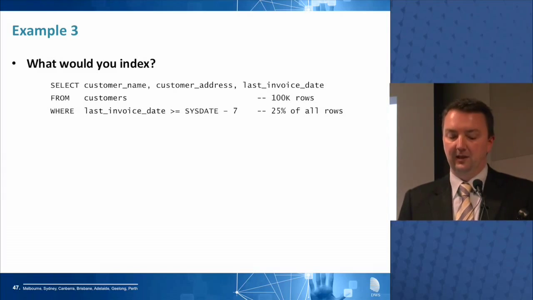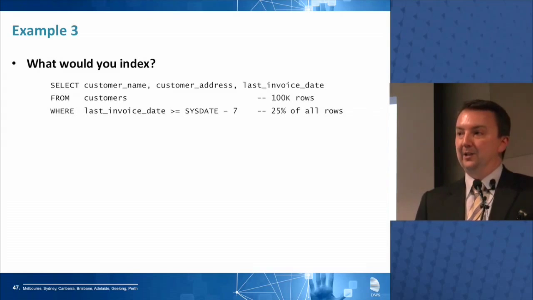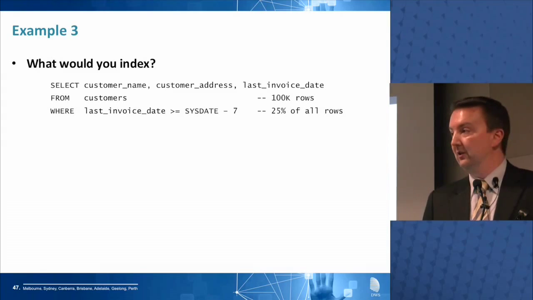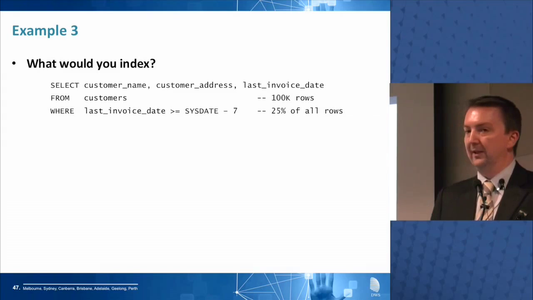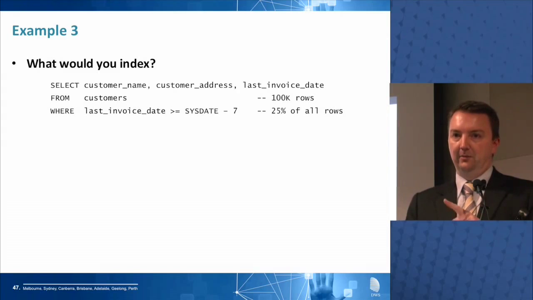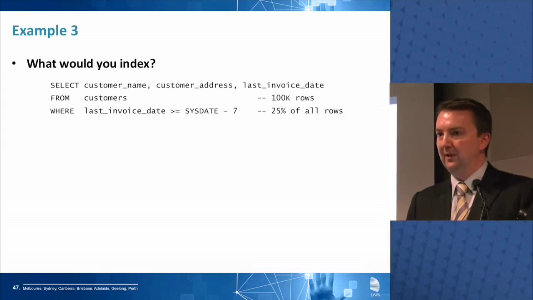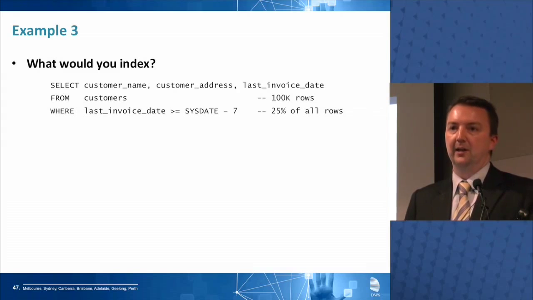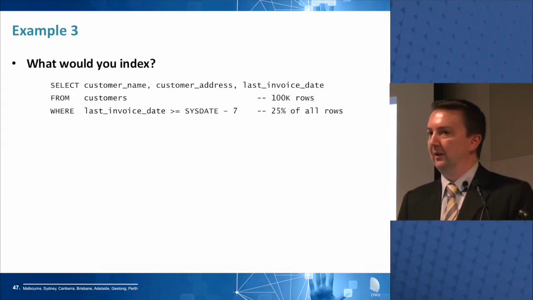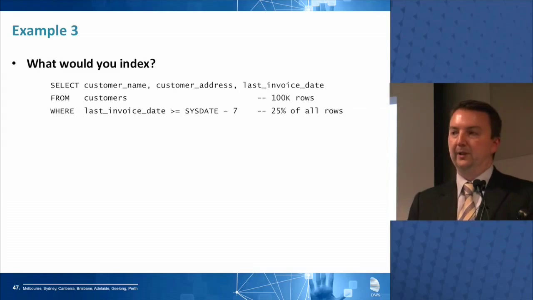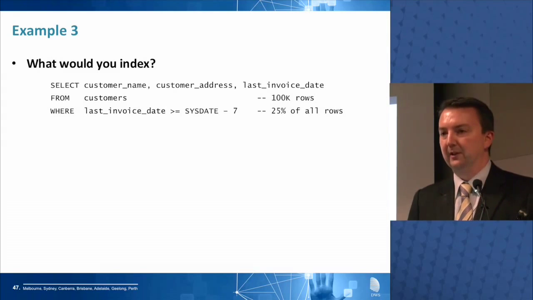Less than 1%, I don't think I've seen an example where the full table scan is faster. I reckon an index is always going to be faster for less than 1%. The mid-range of 1% to 10%, that's the grey area. That's when you've got to start benchmarking. But if you're looking for a rule, if you're going to read less than 1% of the table, you'd be pretty confident an index is going to be the right way to go about it.